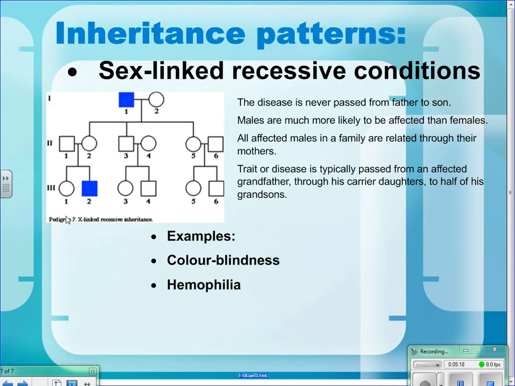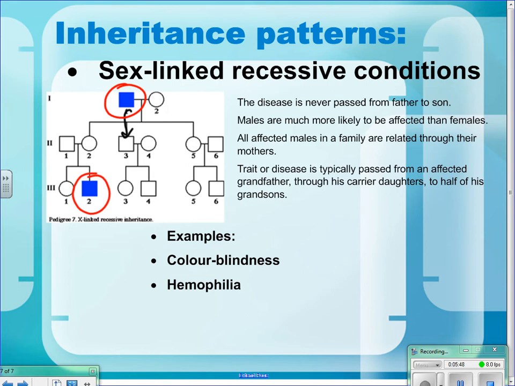The last inheritance pattern is a sex-linked recessive condition. With sex-linked recessive conditions, some of the clues are that the disease is never passed from father to son. So this father here would never pass on this trait. Males are much more likely to be affected than females. In this condition we see a male here and a male here affected, and no females that are actually affected.